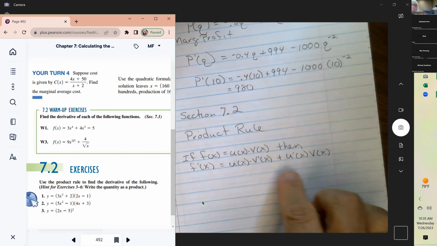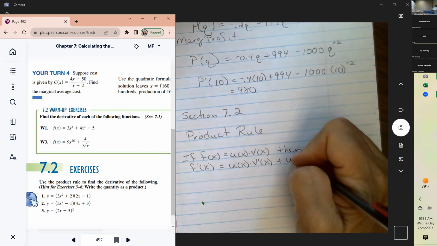Now, because you're adding, it doesn't matter which one you take the derivative of first.